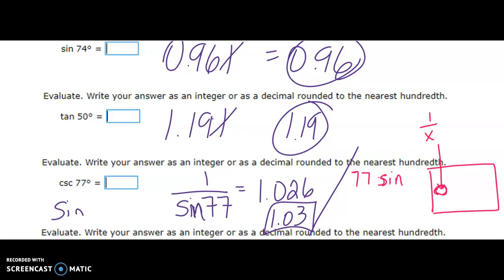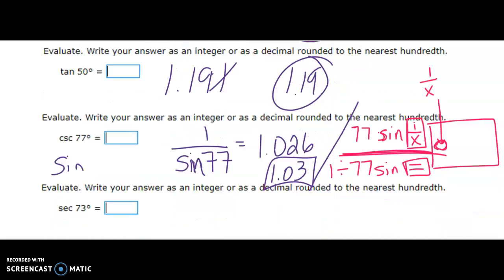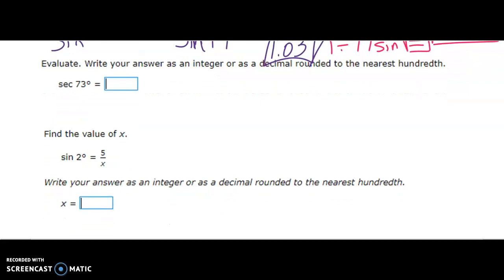And so if you hit the 1 over x button, then it's automatically going to give you 1.026. Now let me see if I can do something else. If I do 1 divided by 77 sine equals, I also get it. So another way, 1 divided by 77 sine, but you have to hit the equals button this time, because what shows you the first time is just what sine 77 is and not 1 divided by sine 77.